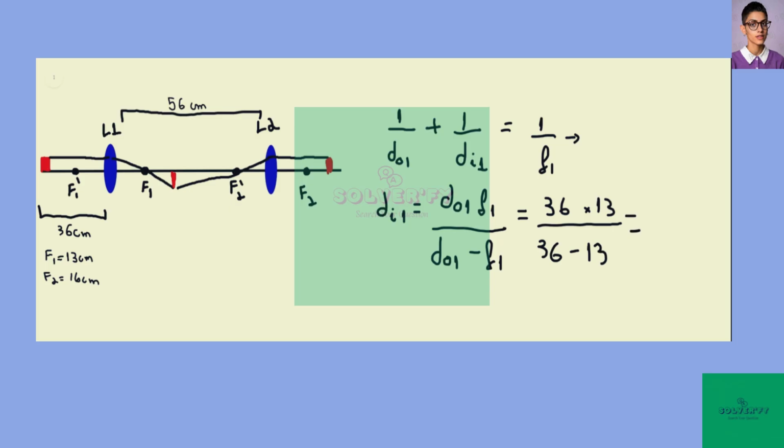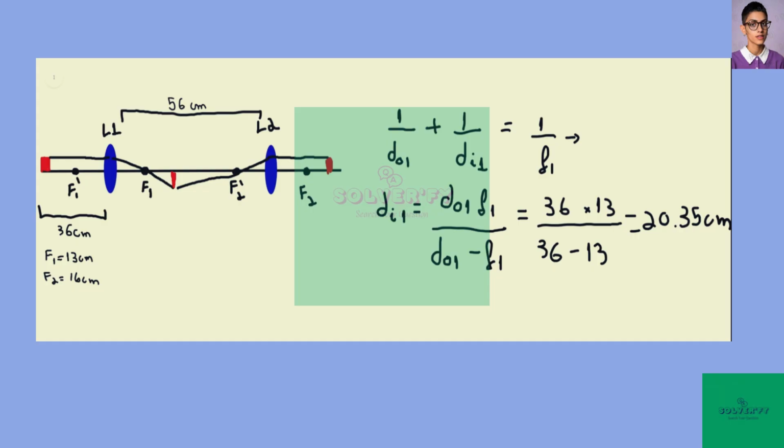And this gives us 20.35 centimeters. So the image is located 20.35 centimeters from lens 1.